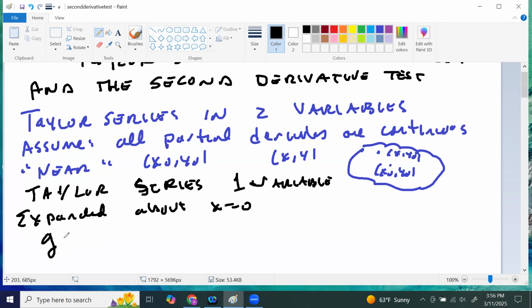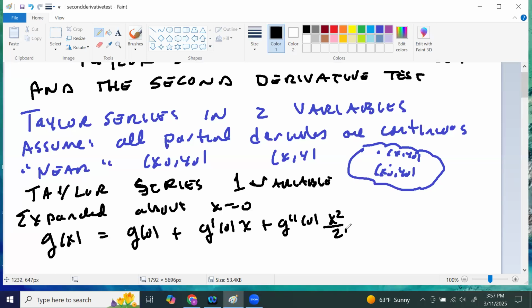And we know that g of x will be g of 0 plus g prime of 0 times x plus g double prime of 0 x squared over 2 factorial, which is just 2.